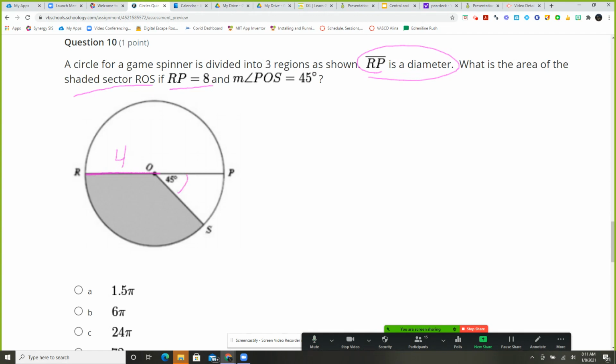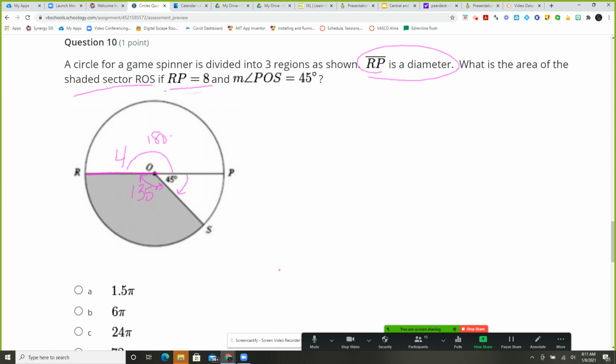And if this piece is 45 and this is a diameter, then half of that is 180. So what's this gray piece? 180 minus 45 is going to give me 135. And that was kind of the key to this question.